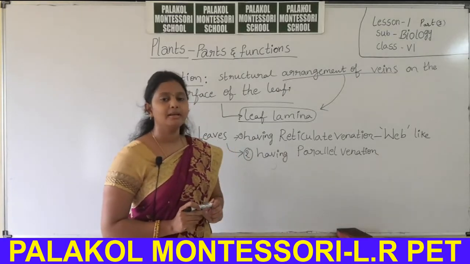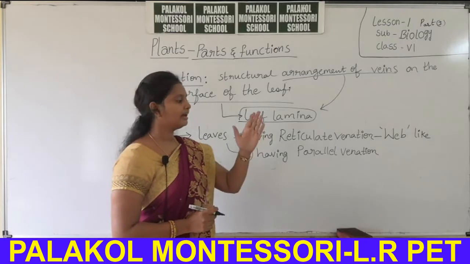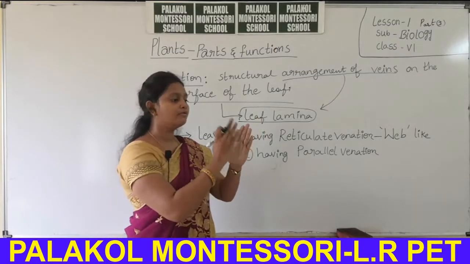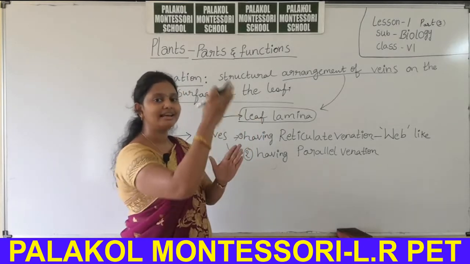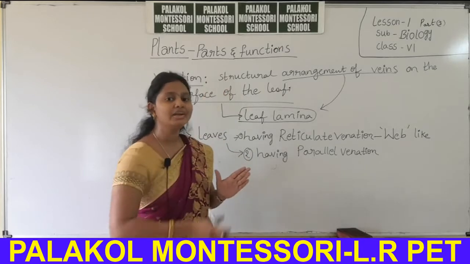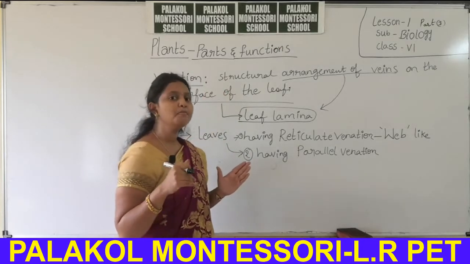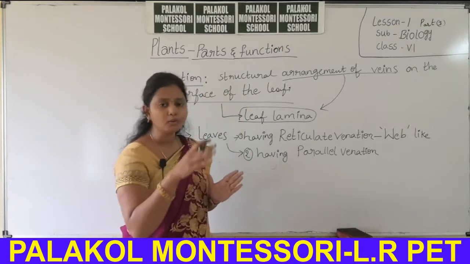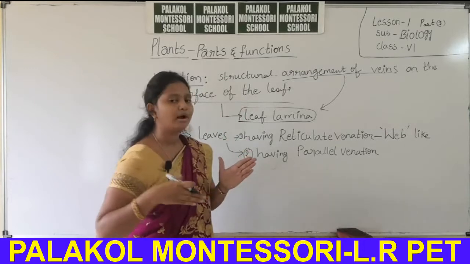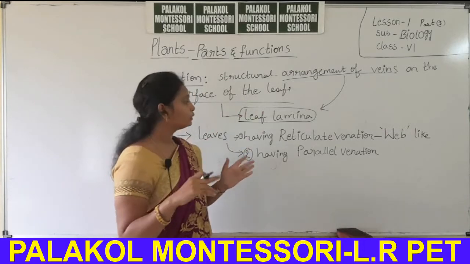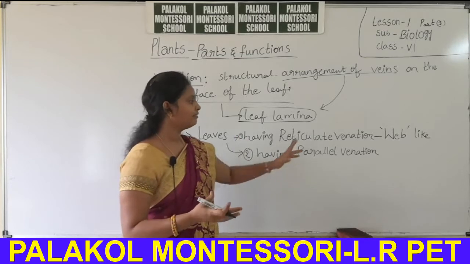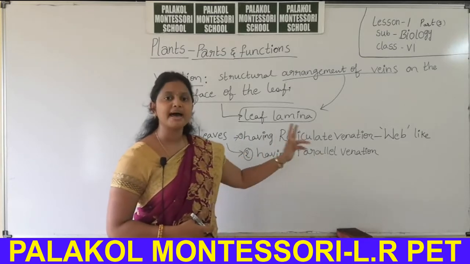Okay, then parallel venation. Parallel means the lines are arranged one after the other. The lines are quite similar to each other. They can move in one direction only. That type of venation is called parallel venation.